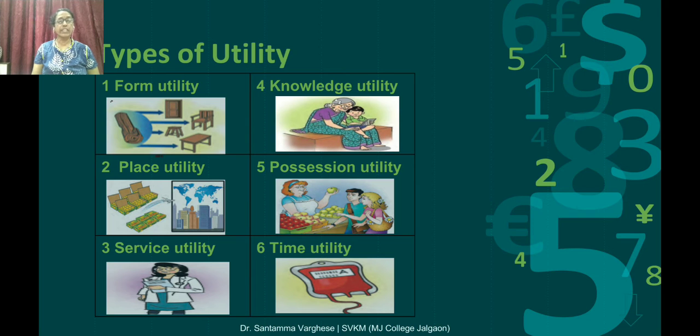Second, it is place utility. You can see some vegetables, or some of the places given in the picture. You can see the clouds. When the utility of a commodity increases due to the change in its place, it is called place utility.